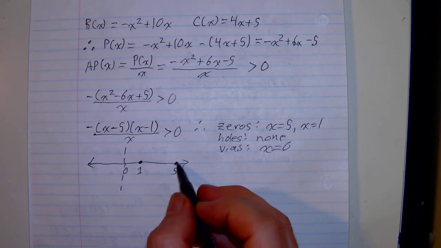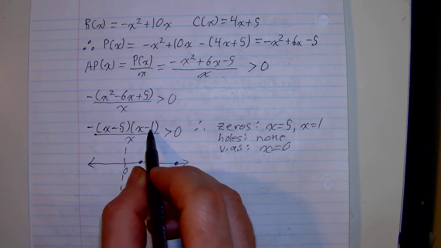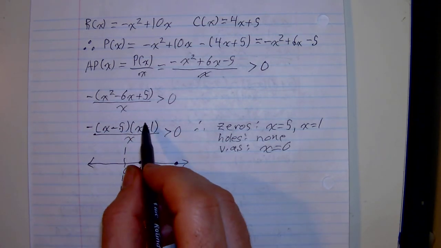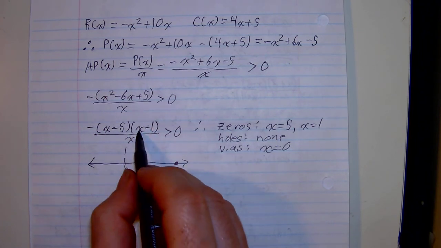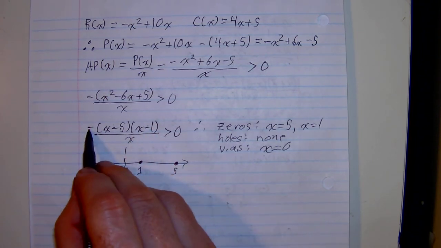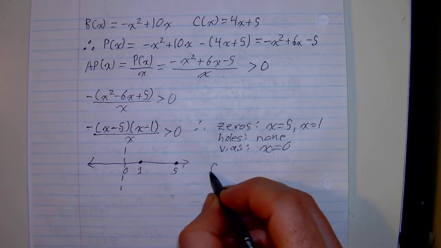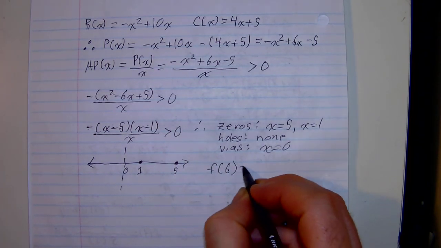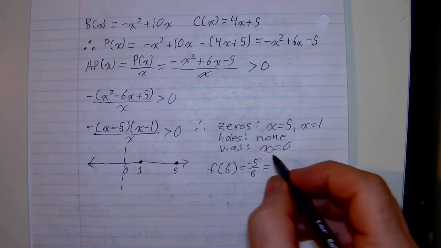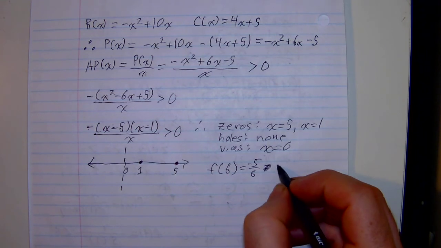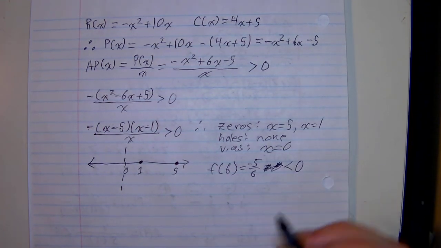So if I pick 6, 6 minus 5 is 1, 6 minus 1 is 5, 1 times 5 is positive 5, positive 5 over 6, and then we have this negative sign which makes it negative 5 over 6. So f of 6 is negative 5 over 6, which is less than 0.